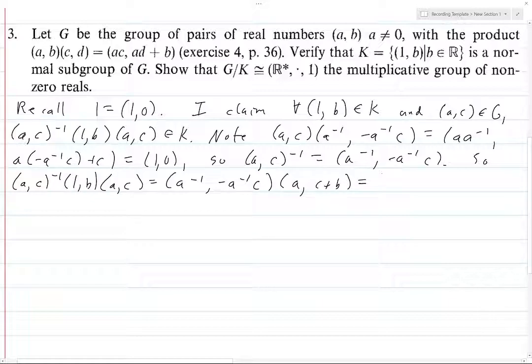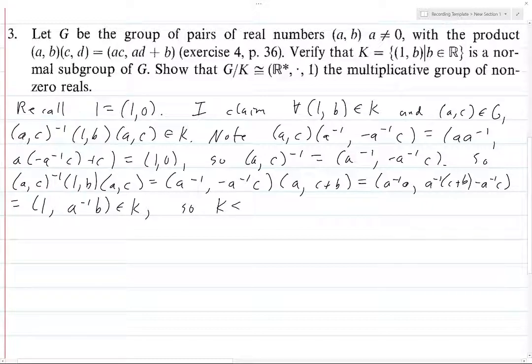Now let's multiply these together. We get a inverse a, then a inverse times (c plus b), minus a inverse c. And the a inverse c's are going to cancel, and the a inverses cancel, so we're left with (1, a inverse b). And this is in K. So indeed, K is a normal subgroup of G.